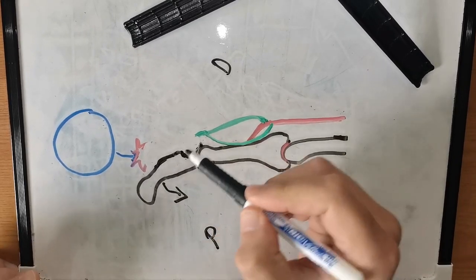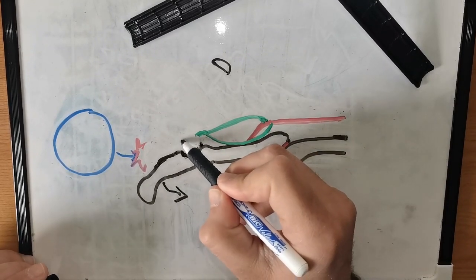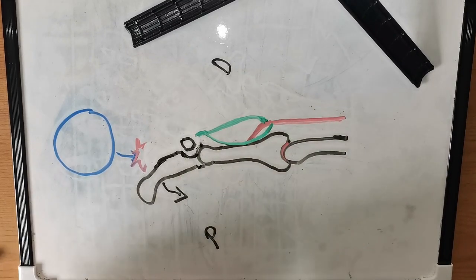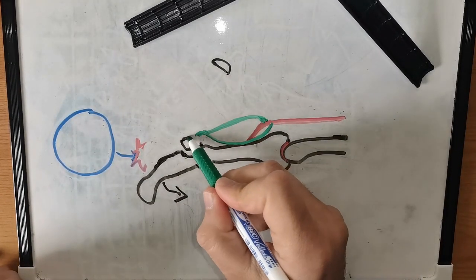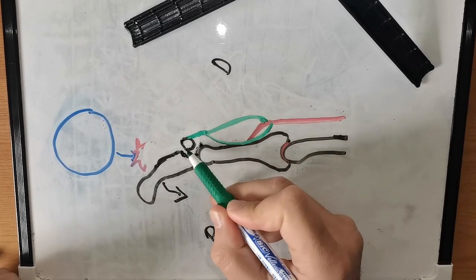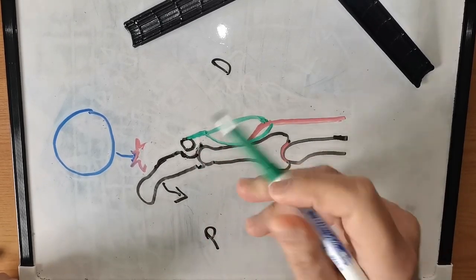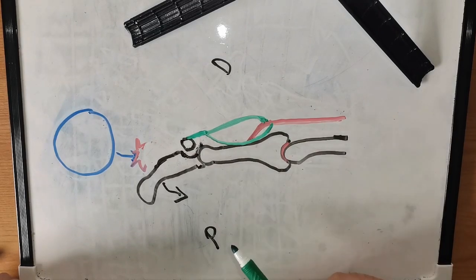This piece of bone is going to be avulsed like this, but it will still be attached to the tendon. So the tendon is not damaged, but this piece of bone has detached from the base of the distal phalanx.